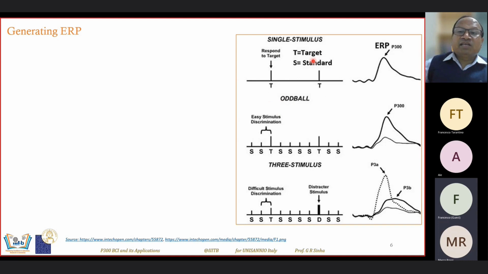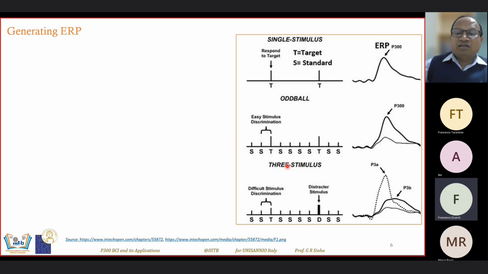That will create a single stimulus in terms of this. When you see the standard, it is also a target, but not unusual. In oddball, easy stimulus discrimination is there. There are a lot of standard targets, but suddenly you find a target which is very unusual.